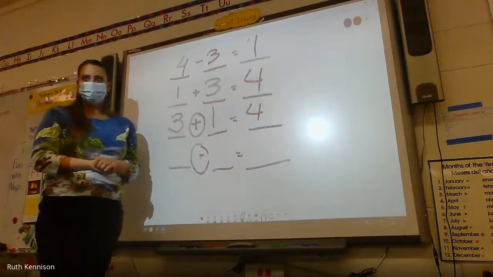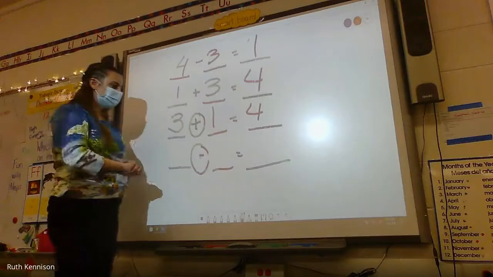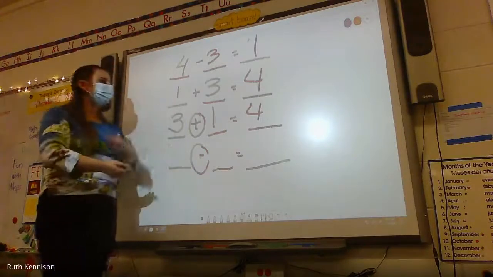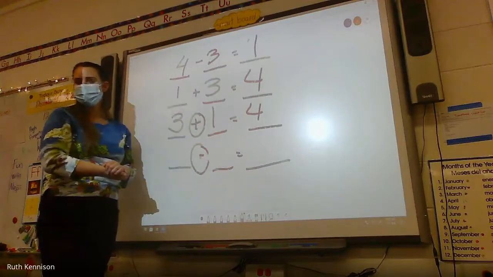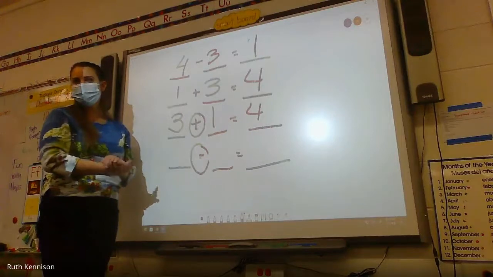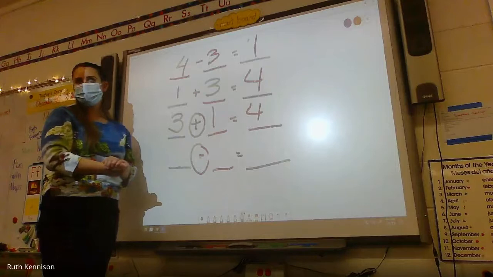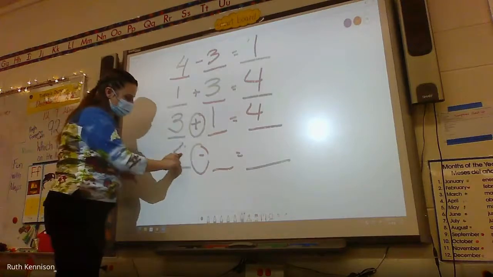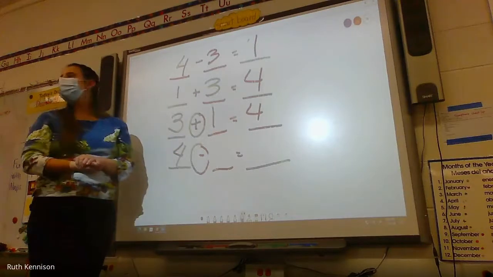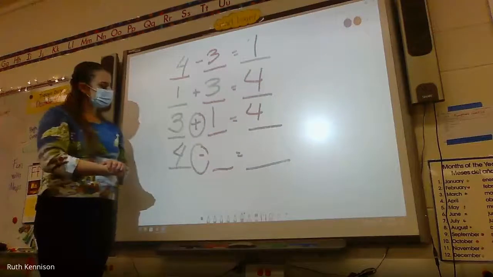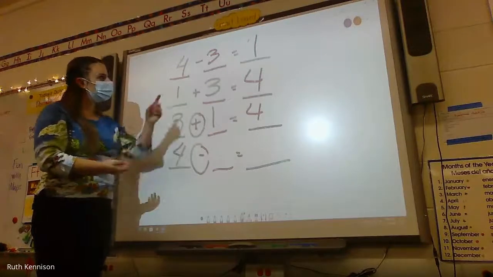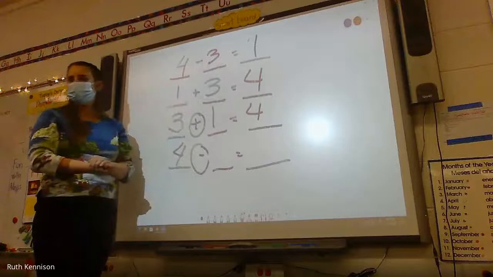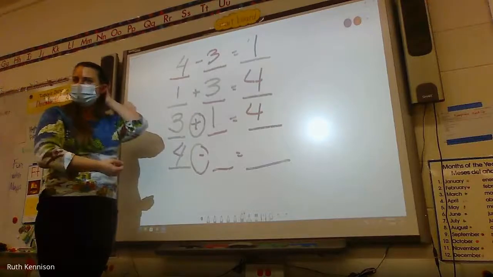Jimmy! And we know this has to be subtraction because we did 2 addition already. 4 minus, Anaya, sit. 4 minus 3. We already did 4 minus 3. What would the other one be?